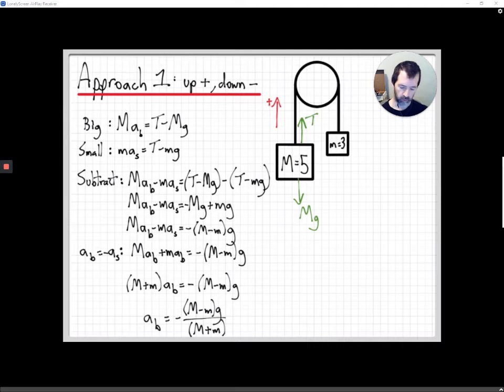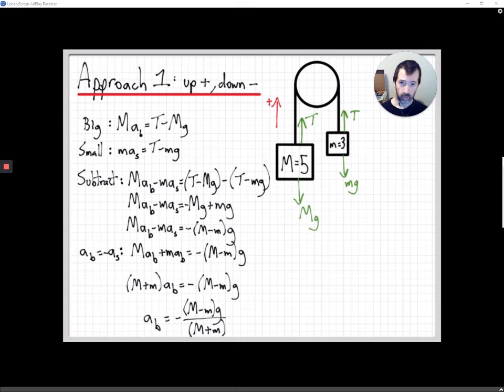And then for the small block, I again have gravity going down, but this time it's little m times g. And it's also touching the string, and so it also has a tension T. Notice that I used the same name for both tensions.